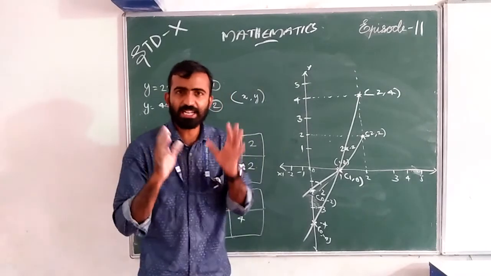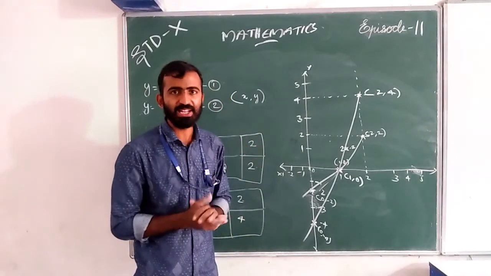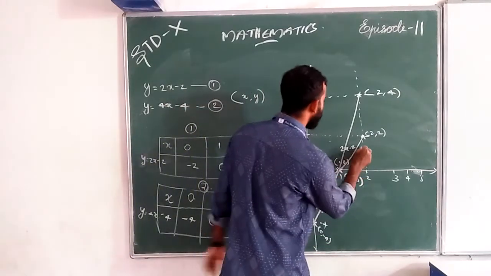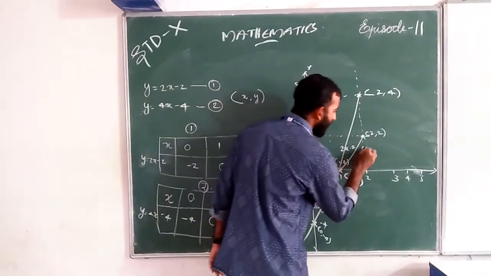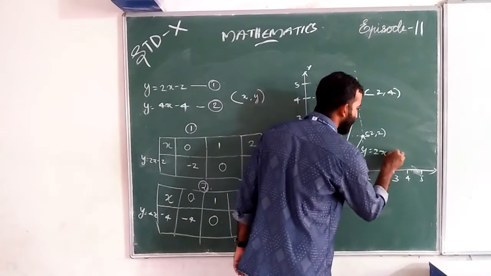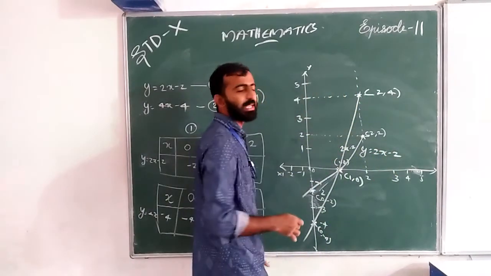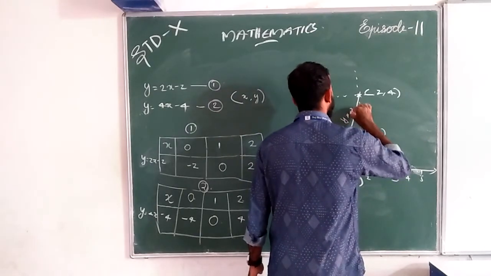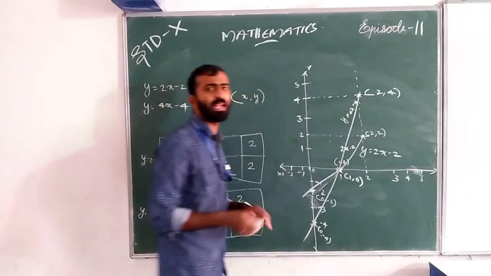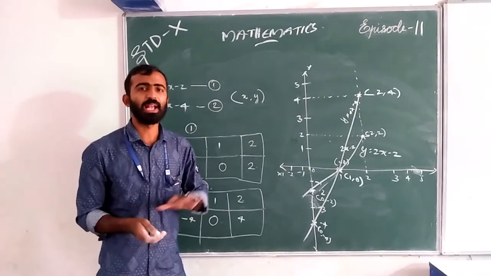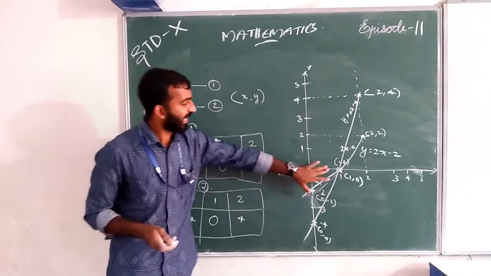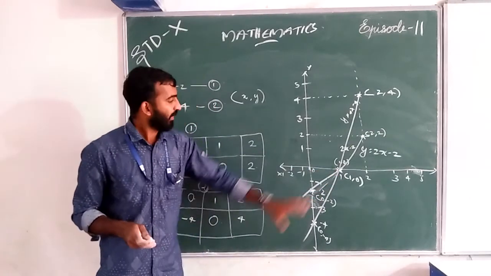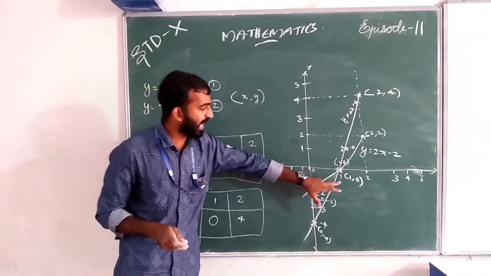In the previous class we already studied graphs of lines. This line's graph represents y equal to 2x minus 2, and this line represents y equal to 4x minus 4. Is it? Yes. Here is an intersection, so we get the solution as 1, 0.